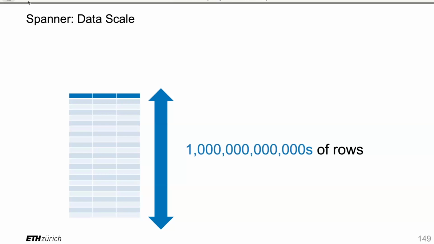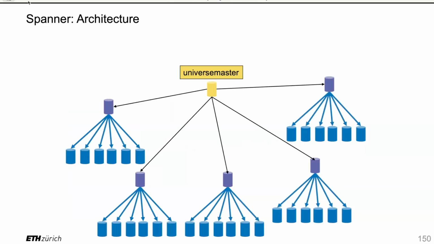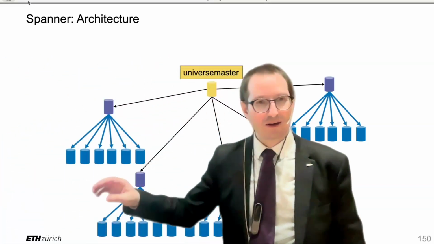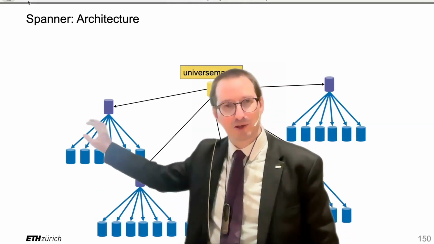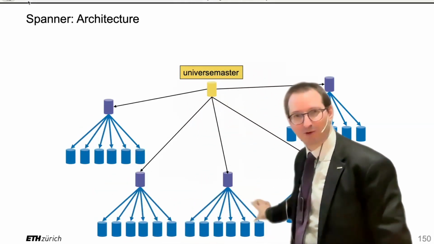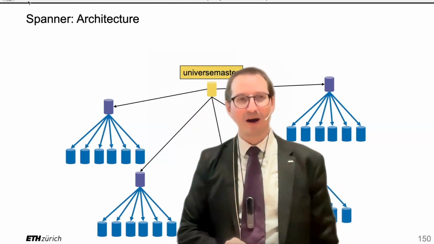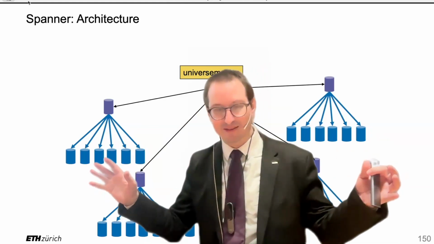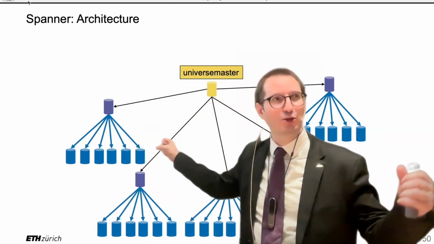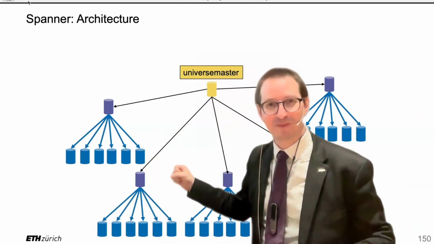So that's huge. And because it's huge, you need something even huger to organize that. And this is, again, a super cool part, because now these data centers or availability zones, they still exist, right? So you still have these clusters with a centralized architecture, but now you have plenty of them all over the planet, and they are connected to one single universe master, the coolest name ever.